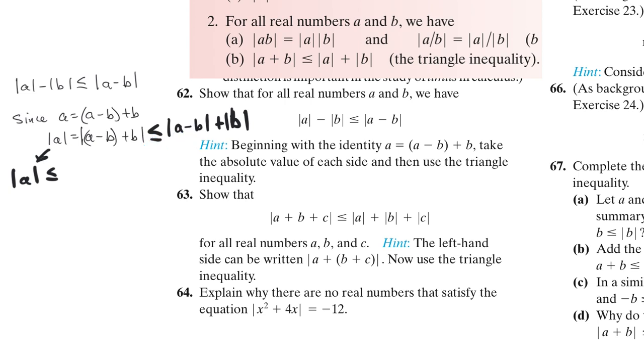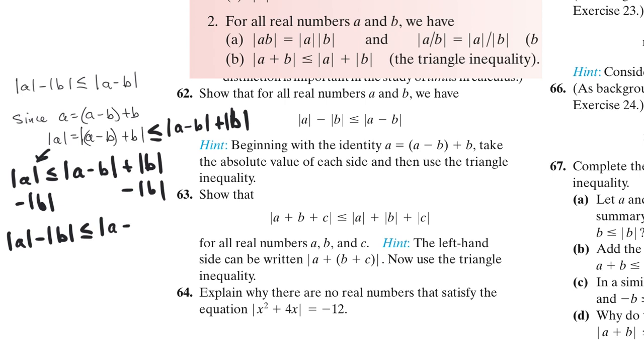So this is less than or equal to the absolute value of a minus b plus the absolute value of b. And then I could subtract the absolute value of b from both sides. And so what I have left here is the absolute value of a minus the absolute value of b is less than or equal to the absolute value of a minus b.